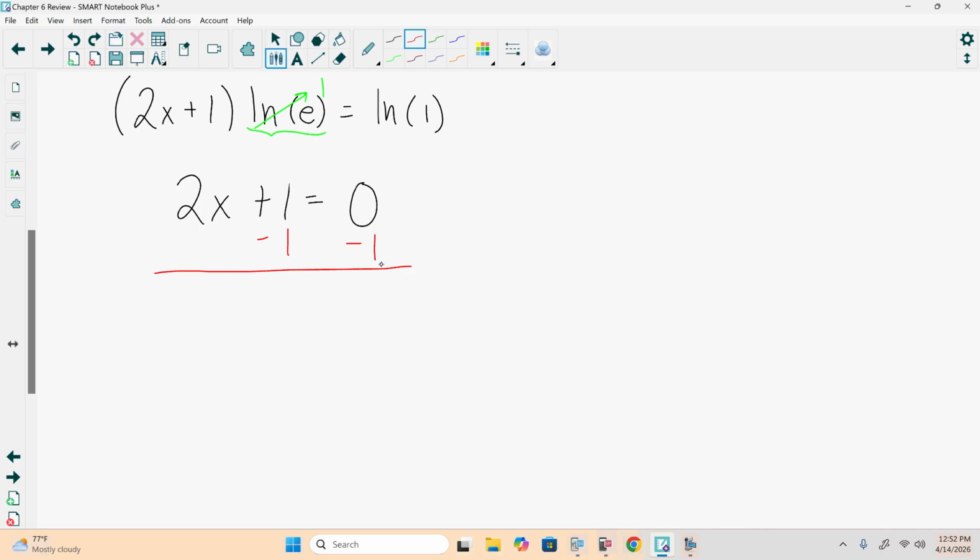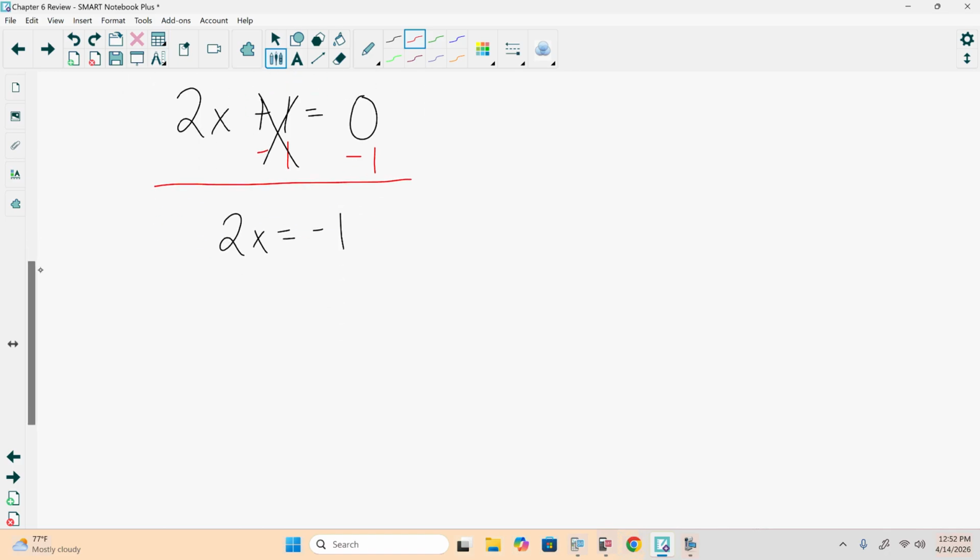So we subtract 1 from both sides, telling us 2x is equal to -1. Divide both sides by 2, telling us x is -1/2.